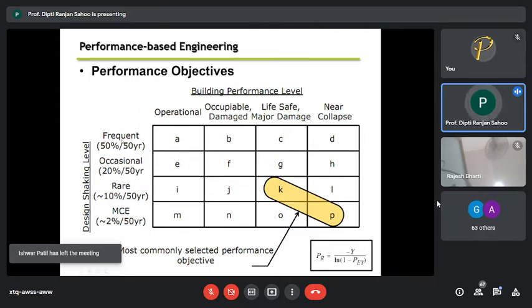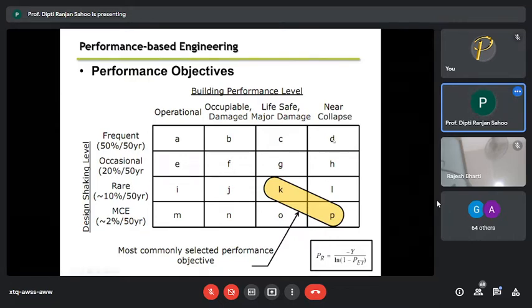Now, if I say that I have a frequent earthquake, a very minor earthquake, and my structure is collapsed, this performance objective is not acceptable. Or I have an occasional earthquake and it's collapsed.